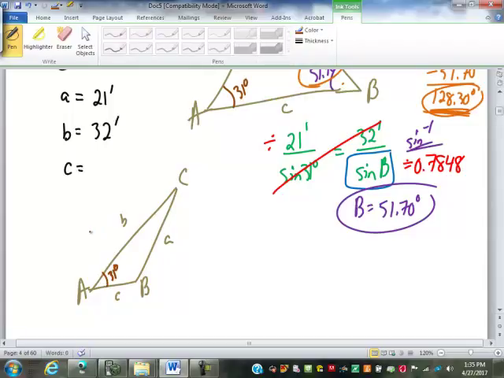This here could still be 32 feet. This could still be 21 feet. Again, it's an issue because this side that's opposite the angle is shorter than the other side. If this side were longer, there's no way it could tuck back under like this. Does that make sense? You either swing out here or tuck under like that. If it were longer, there wouldn't be room for it to come back under.